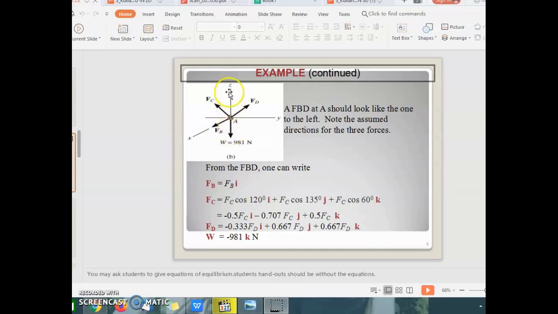But for this one, this is the opposite direction from the Z. So when it is directly on the axis, it only has one component, because for the components of X and Y, there is no component here, so it is equal to 0. So the component is only in the Z direction, which in Cartesian form is denoted as k, so it only has a value in the k direction. Because it is in the opposite direction of Z, the direction is negative, so negative 981 k Newton.